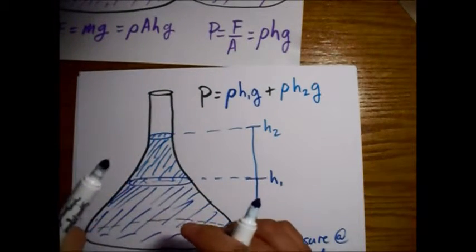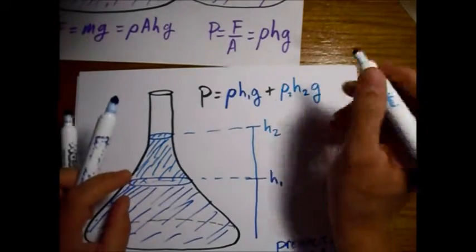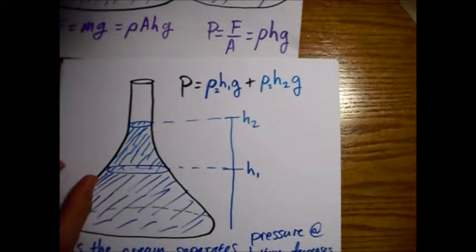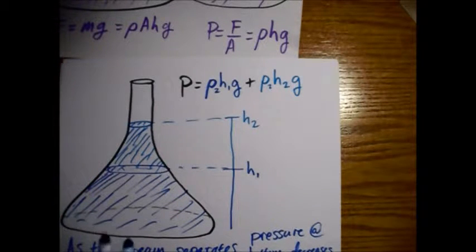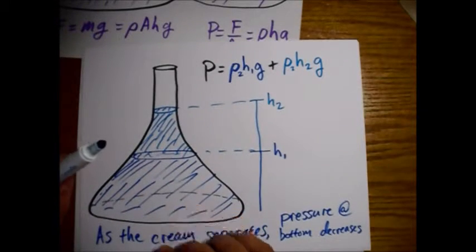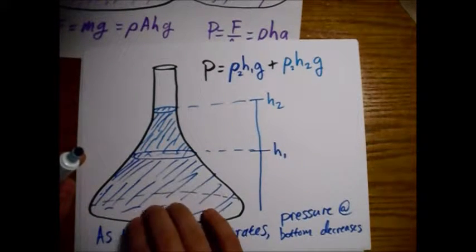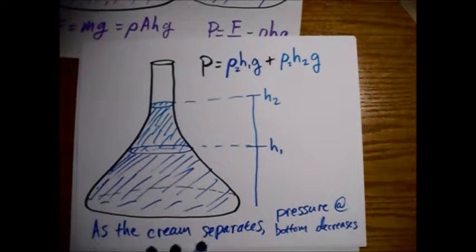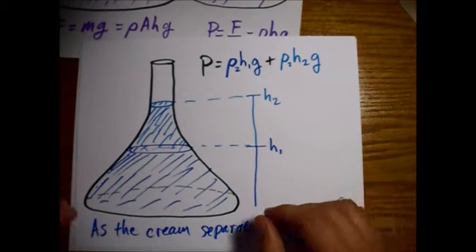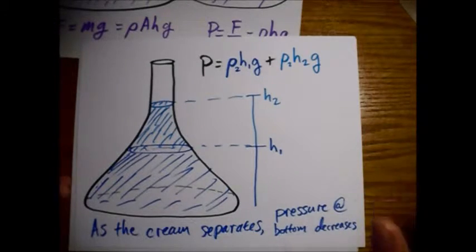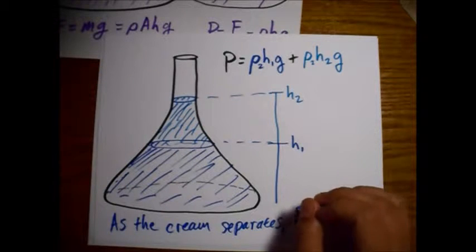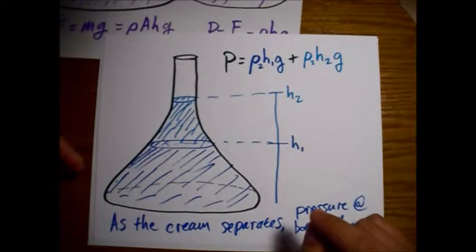I guess really I ought to put little subscripts on my rhos as well. They're in different colors, but that doesn't count for much. So we're adding these two pressures together to get the final pressure here at the bottom. And the real key to this is the conical shape. When you have a volume of cream and it's all mixed in here, that's just that.